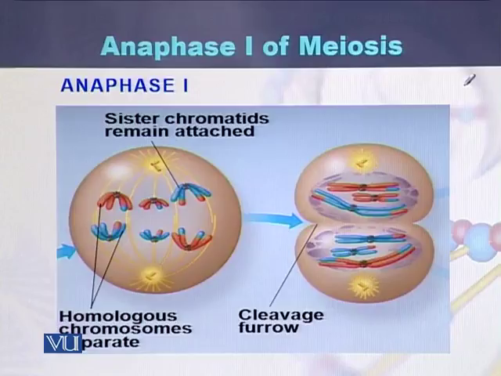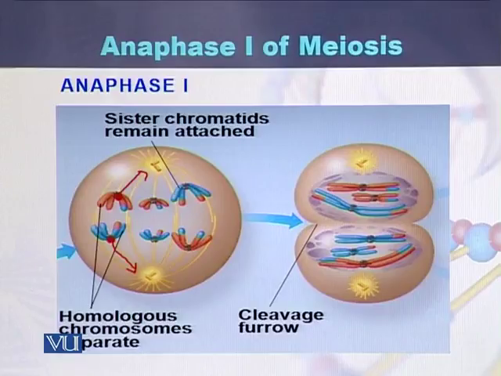Here we can see this is the centromere of the homologous chromosome, and this chromosome consists of two strands called sister chromatids. This chromosome is moving toward one pole, while the second chromosome, which also contains two sister chromatids, is moving towards the other pole.